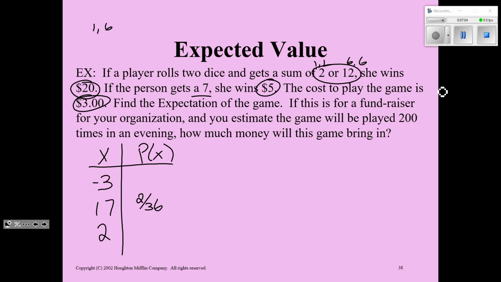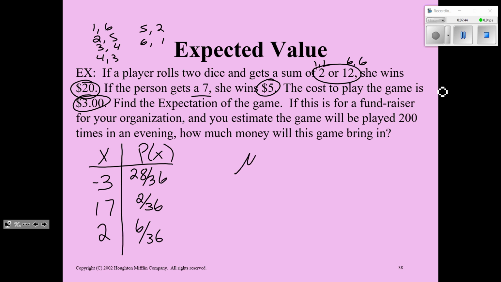I'm going to go 1, 6, 2, 5, 3, 4, 4, 3, 5, 2, 6, 1. So I'm writing them in order. There are how many ways? 6. So that is 6 out of 36. This is why I didn't simplify, because if it's a probability distribution, what do they all have to add up to? 1. So if I have 8 out of 36, losing is going to be 28 out of 36.